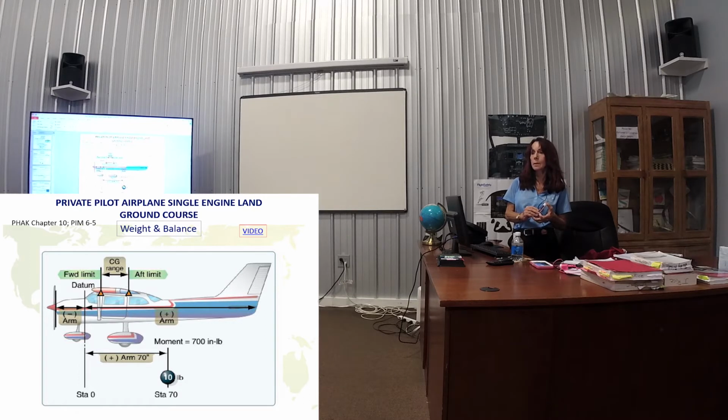So forward CG, AJ. Opposite of what you just said. True. And then, was it slower cruising speed? We're not going to handle as well. It's going to be more unstable.